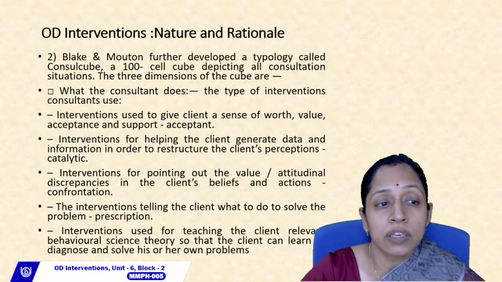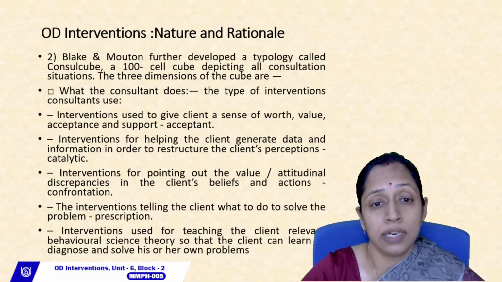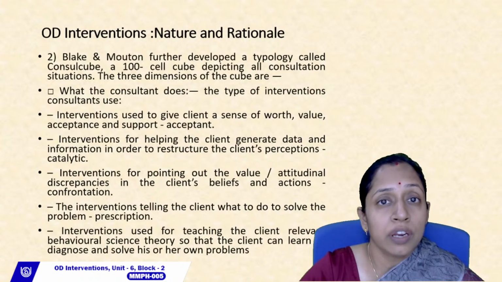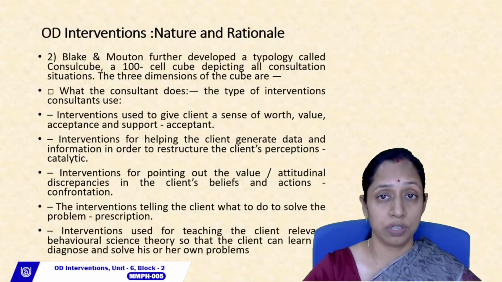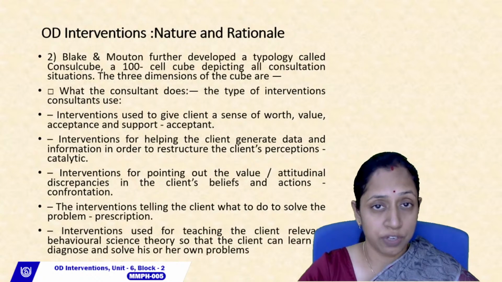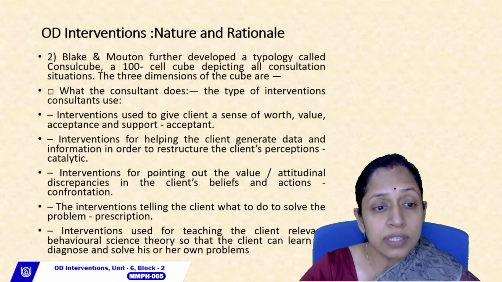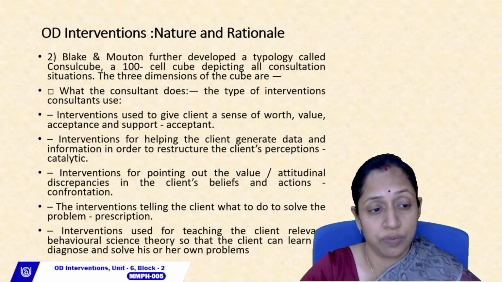The next one is interventions for helping the client generate data and information in order to restructure the client's perception, that is the catalytic. Then come interventions for pointing out the value and attitudinal discrepancies in the client's beliefs and actions, which is called confrontation.